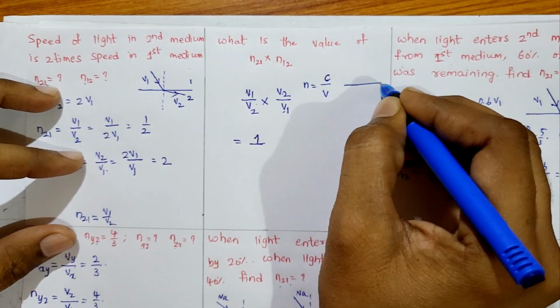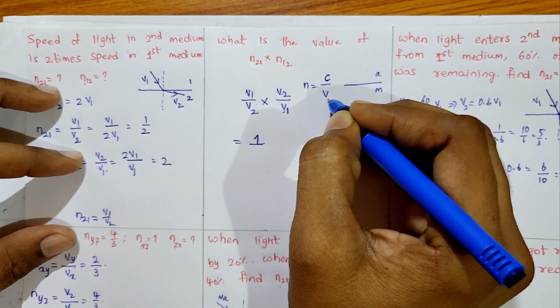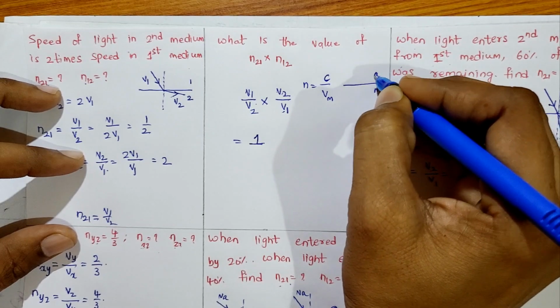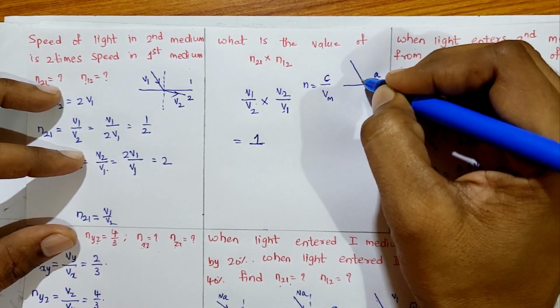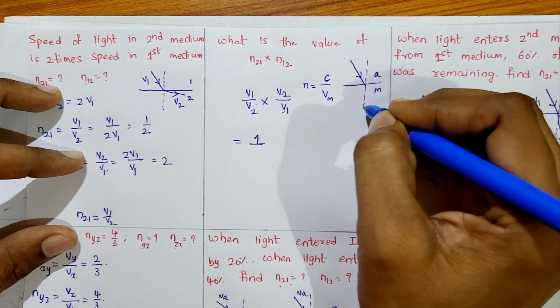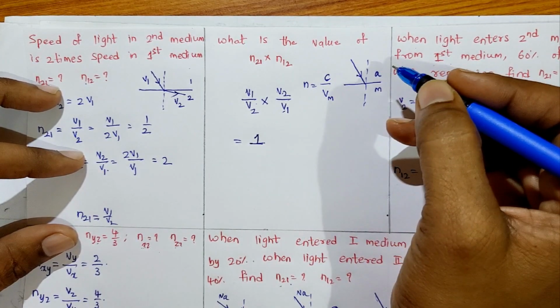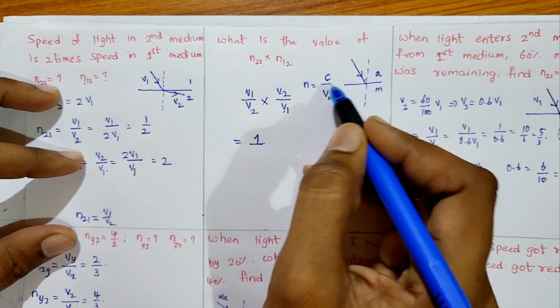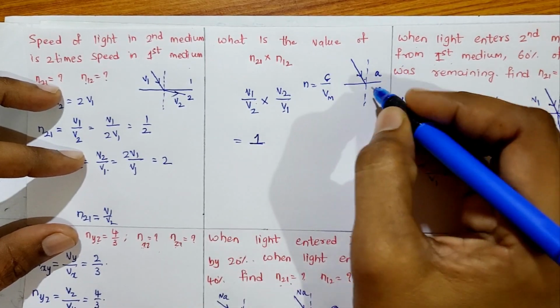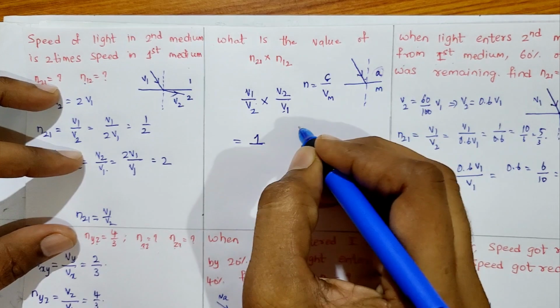See, what is C here? This is air and this is any medium M, Vm. So first medium is air, speed of light in first medium we will take it as V1, correct? Here V1 is nothing but C. Any medium you take, first medium will be air, correct?